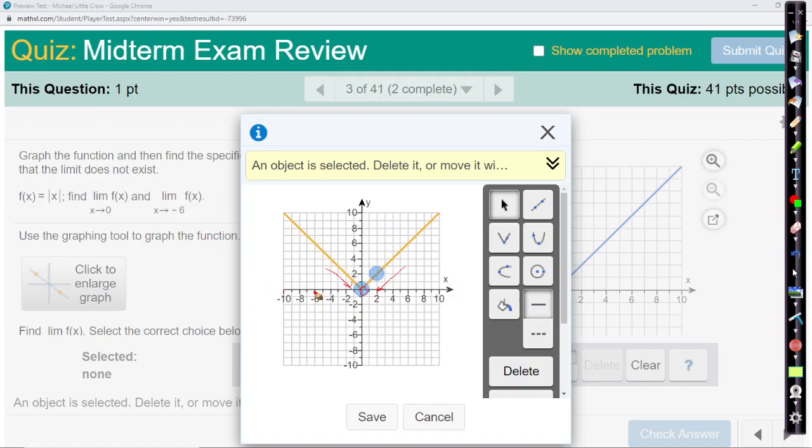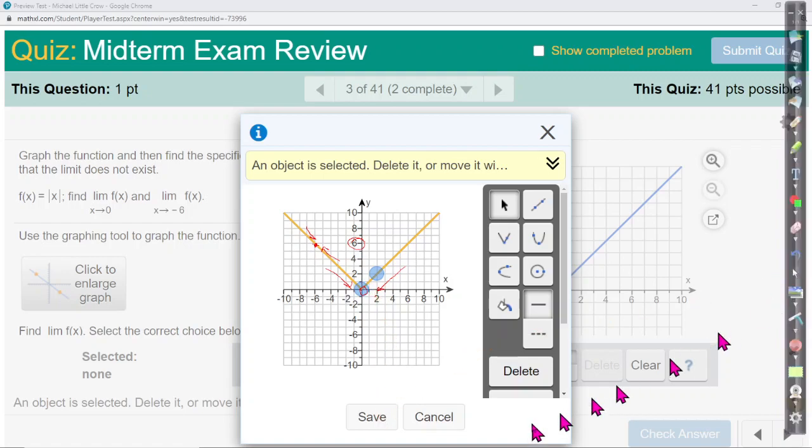As x goes to -6, we see the same thing. I'm just going to do them both at the same time. As I come from the left, I'm going towards +6, and as I come from the right, I'm also getting close to +6, a y value of +6. Okay, so those are going to be our limits.